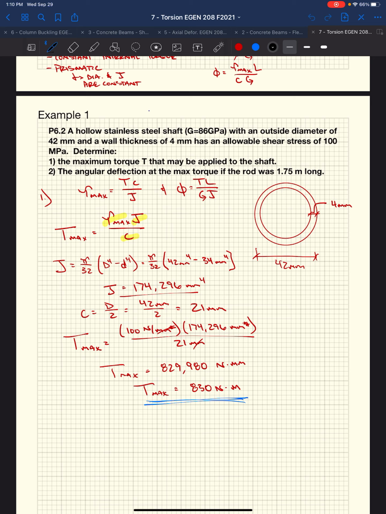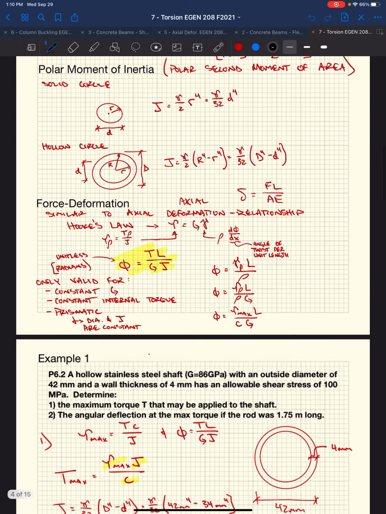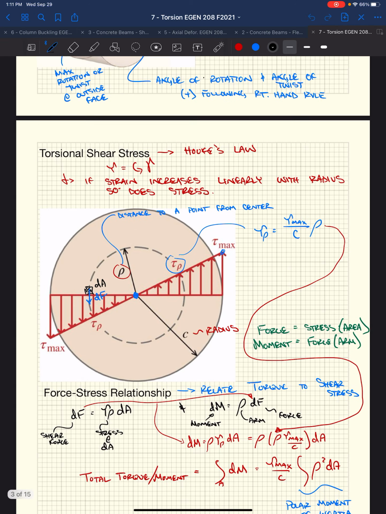So we went through and figured out our max torque, starting with the maximum shear stress. As we go back to our derivation, under an imposed torque on a shaft, our shear stress varies from 0 at the center to its maximum at the outside radius.